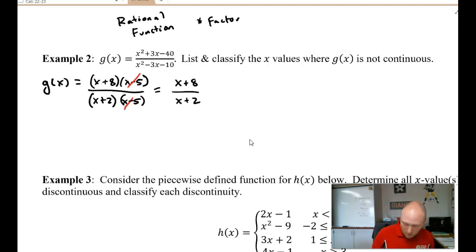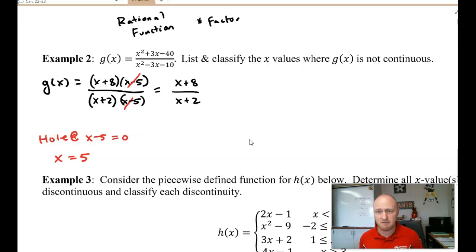So what happened? Well, we have a hole at x minus 5. If I set this equal to 0 and solve, we have a hole at x equals 5. I have a discontinuity there. And then the denominator: I still have to worry about that denominator.